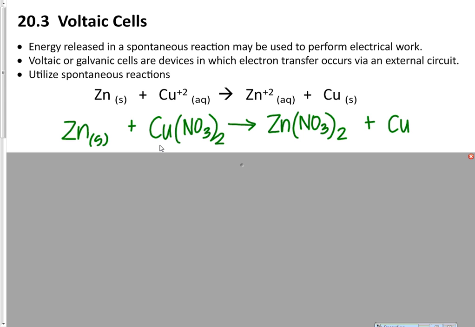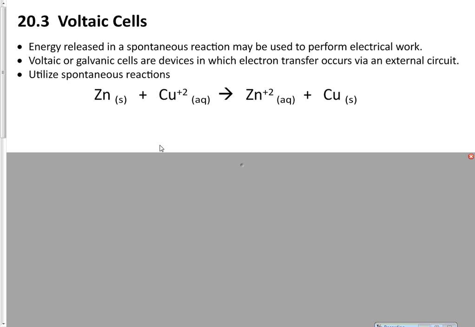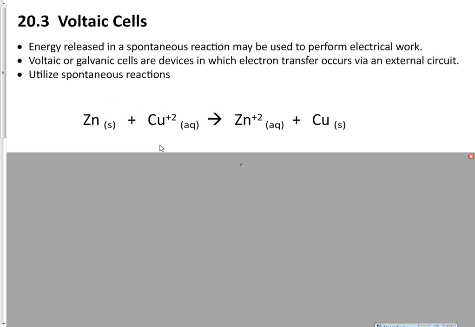Well, if you've noticed, in the reaction I've ignored the nitrates, and I've just written everything as ions. In doing so, it's a little bit more obvious to see what's oxidized and reduced. So let's look at our components here. In this reaction, you have zinc, a solid. And you might remember that every elemental state is assigned an oxidation state of 0.